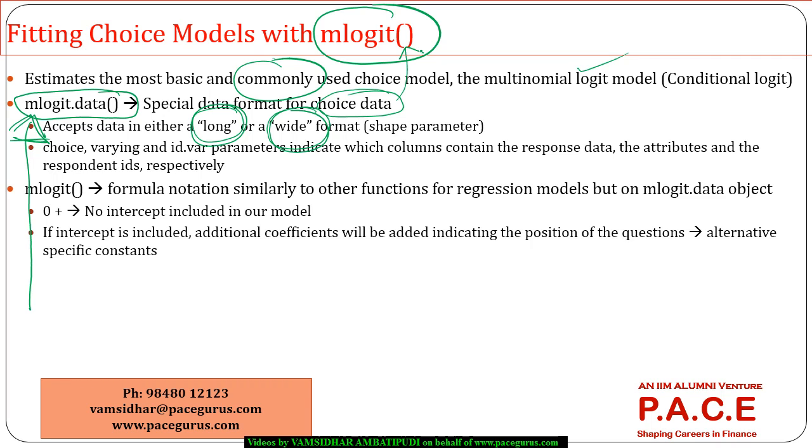So that is where first you have to convert your data that is in the long format to the mlogit.data kind of a format, and once you have converted it, then you can very well use it as a part of your mlogit model. Here you have to give a few more additional parameters to this mlogit.data.